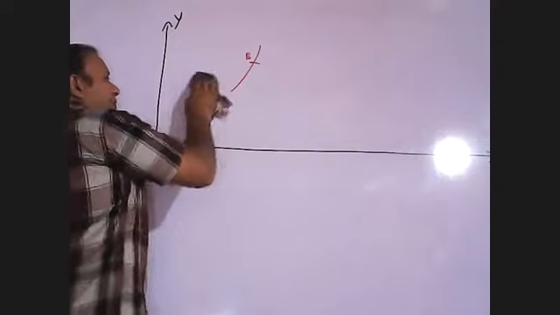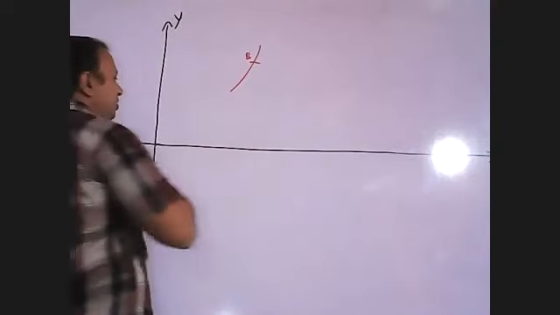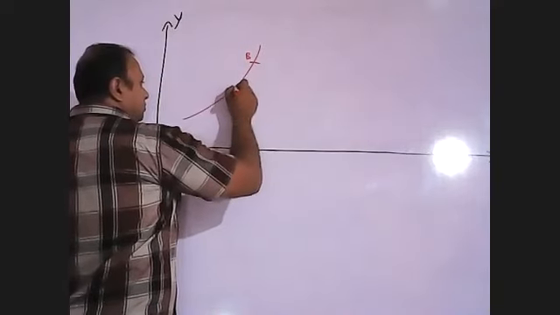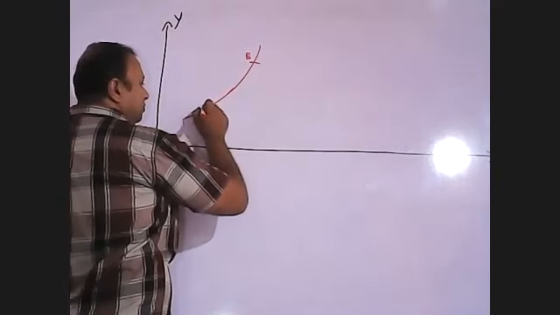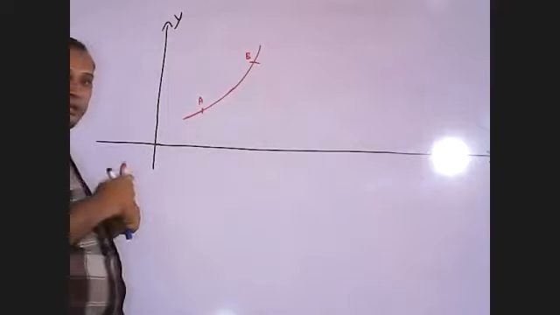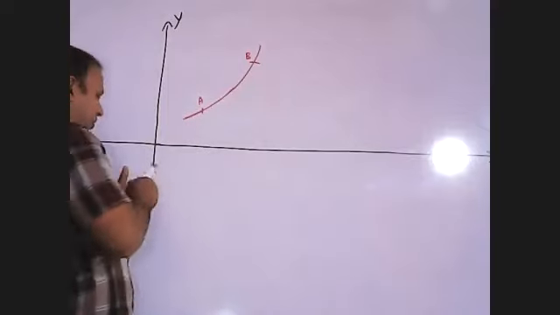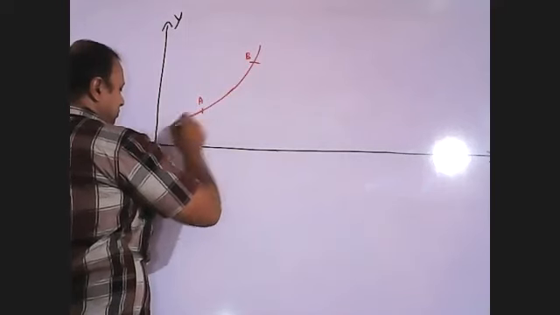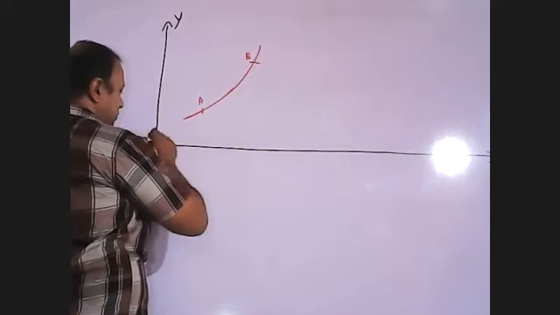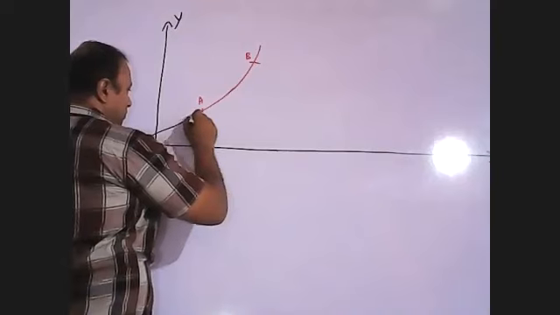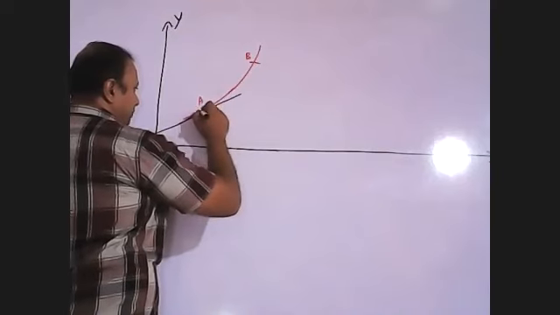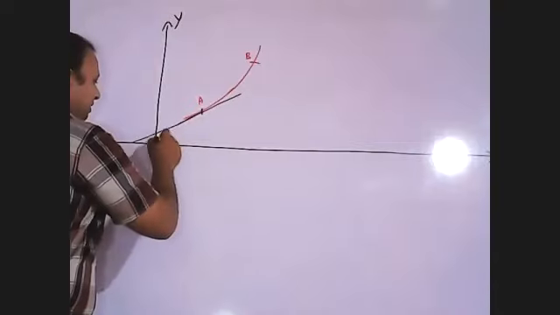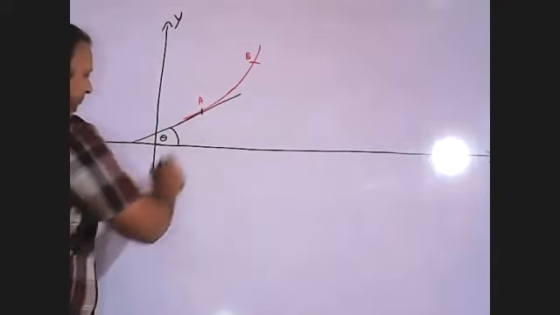Now I'm going to draw a gradient, draw a tangent. This is A. So if I draw a tangent to A, you can clearly see now this is the theta.